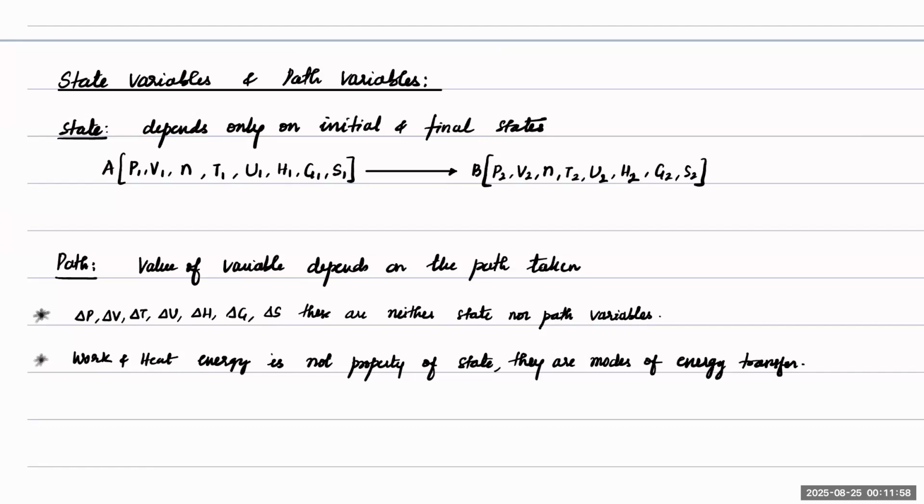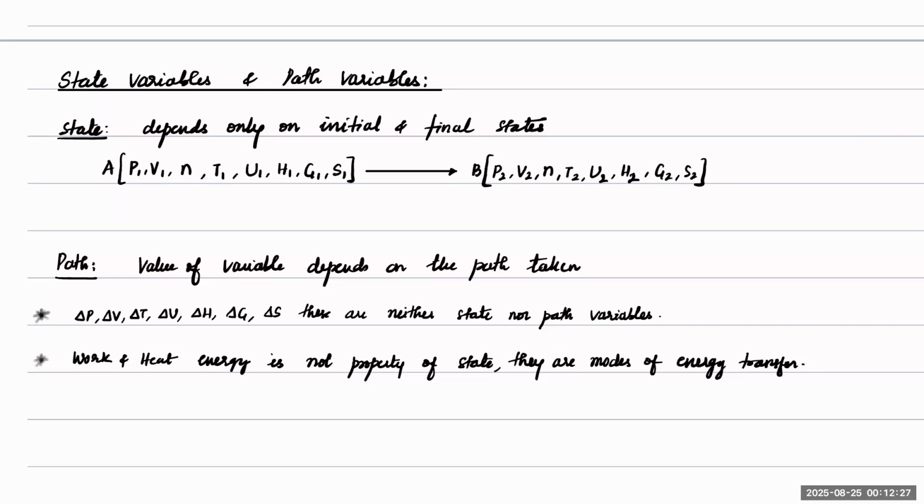Can you guys just think for a minute about what could be the common things between heat and work? Same unit. Okay, in fact, all energy terms have the same units.